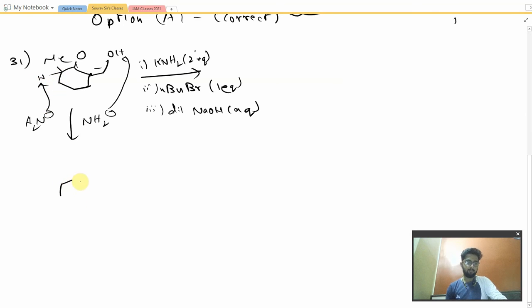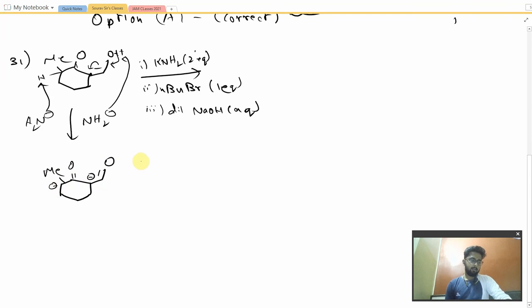So two minus charges will be formed. This H is taken from the system, this bond will fall over here and this bond will go over here. So we will have double bond O, a double bond here, a minus charge over here, and one methyl over here with one minus charge over here.